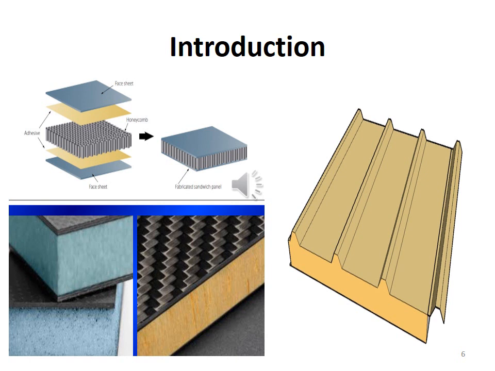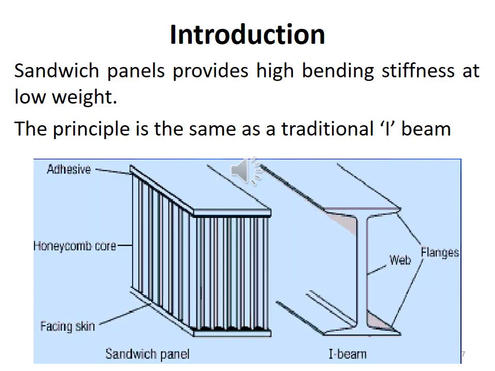Open and closed cell structured foam, polystyrene, synthetic foam, or honeycomb can be used as the core material. However, glass and carbon fiber reinforced laminates are widely used as skin material. Sheet metal can also be used as skin material in some cases.